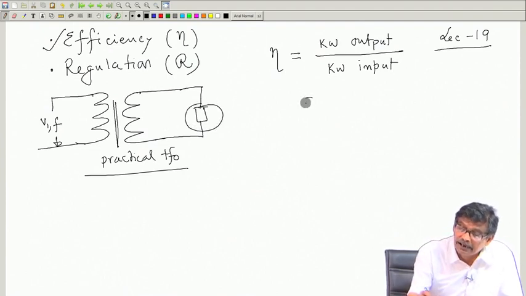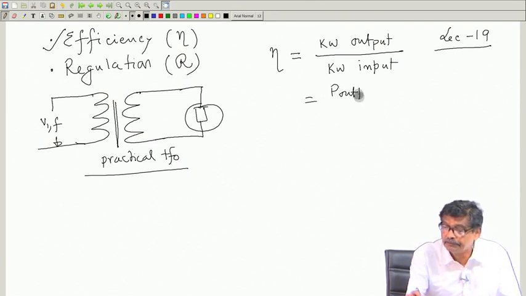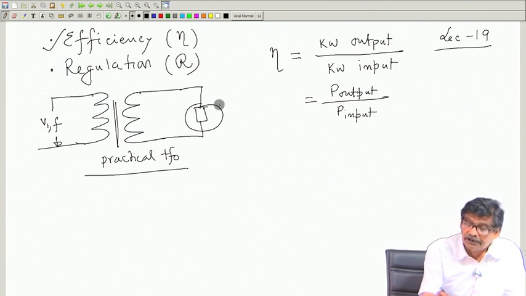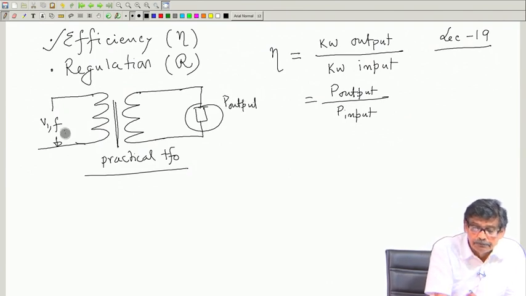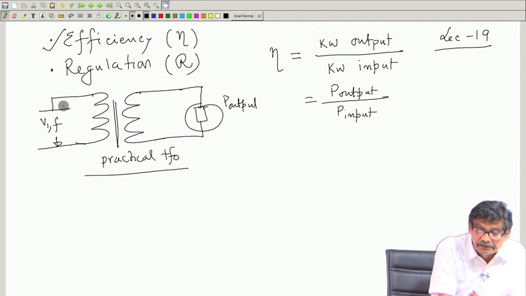Output power. So I write it as P output, P real power, not reactive power, P output by P input. What is P output? P output is here. What is P input? P input is here from the supply. This is the overall efficiency of the transformer.